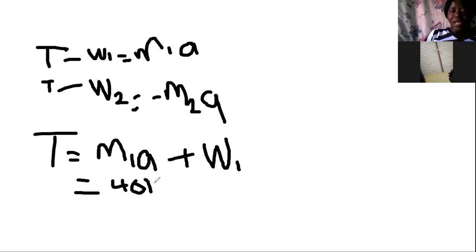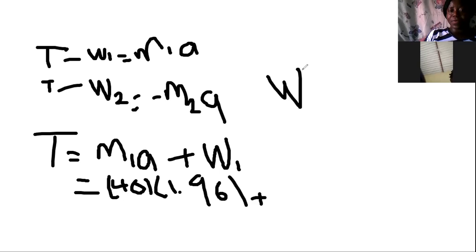We know our acceleration from part A, which is 1.96. And we know how to calculate our weight: our weight is equal to the mass times the gravitational acceleration. So our weight is 40.